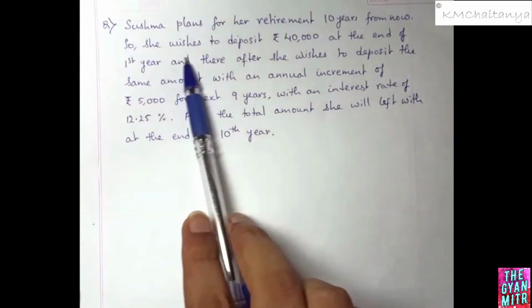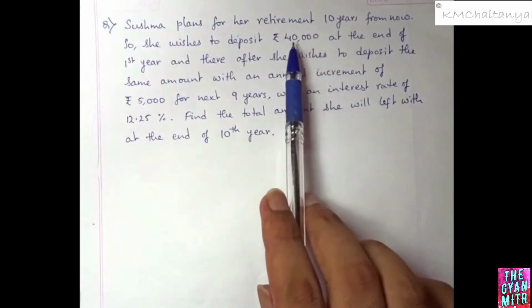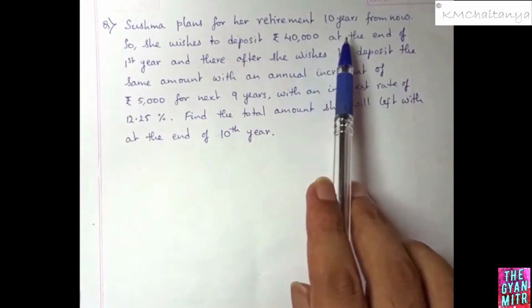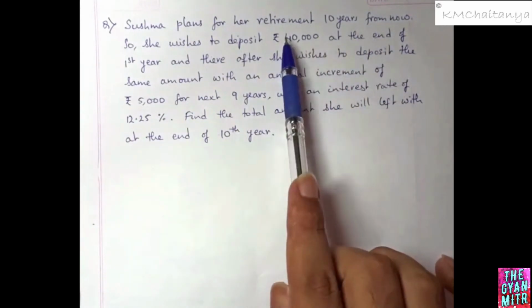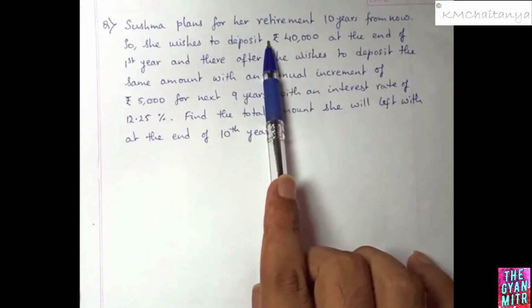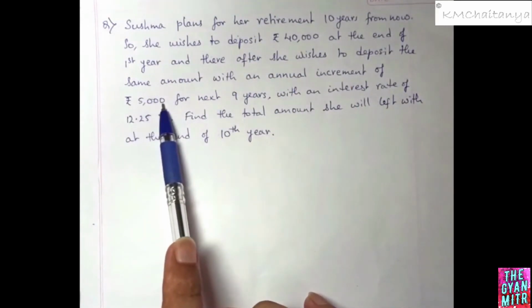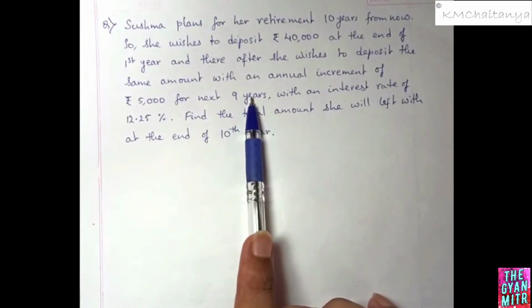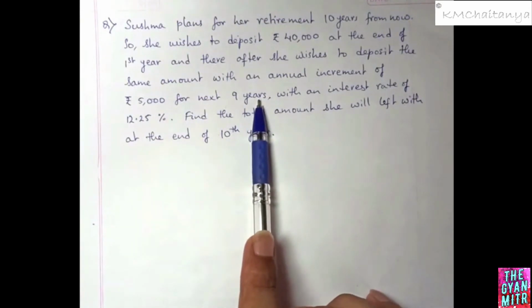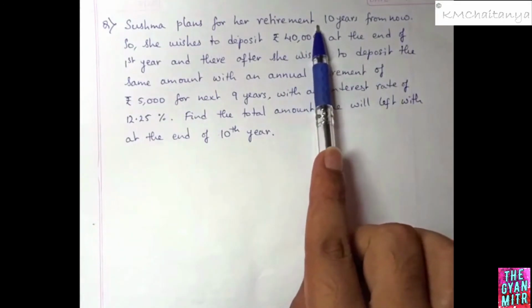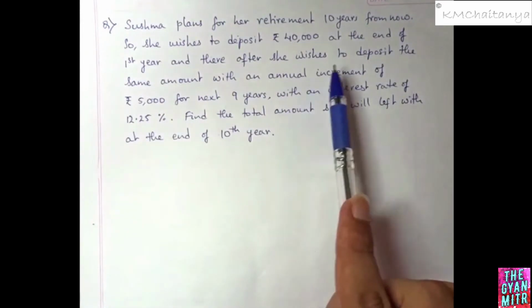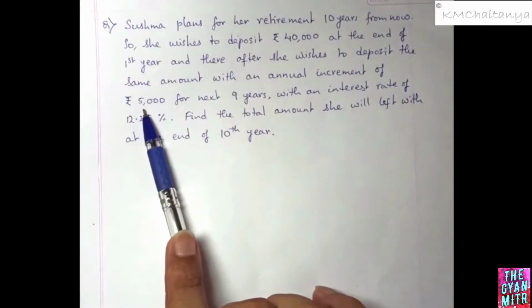So here Sushma wishes to deposit rupees 40,000 at the end of first year. Then from the second year she wishes to deposit this 40,000 plus an annual increment of rupees 5,000 for next 9 years. Now I think you will have an idea of the value of n, that is the investment period. So investment period will be first year of 40,000 plus 9 years of incremental annual increment of 5,000.